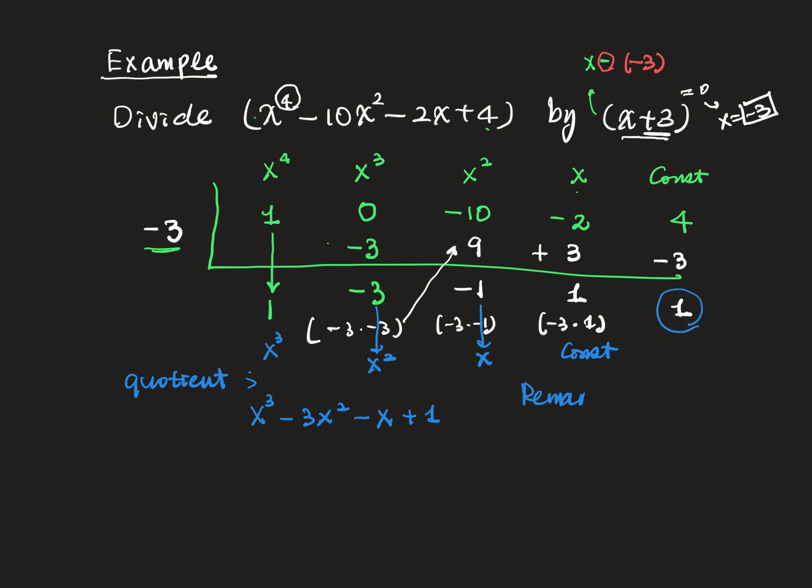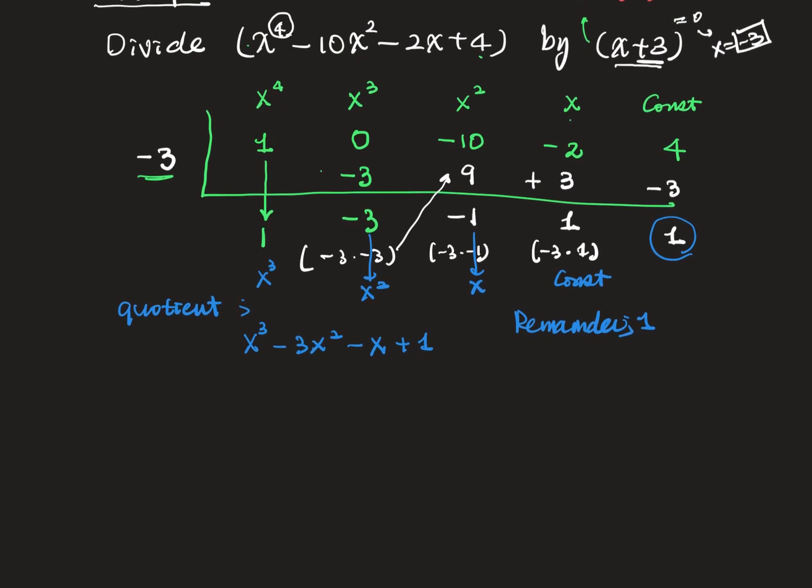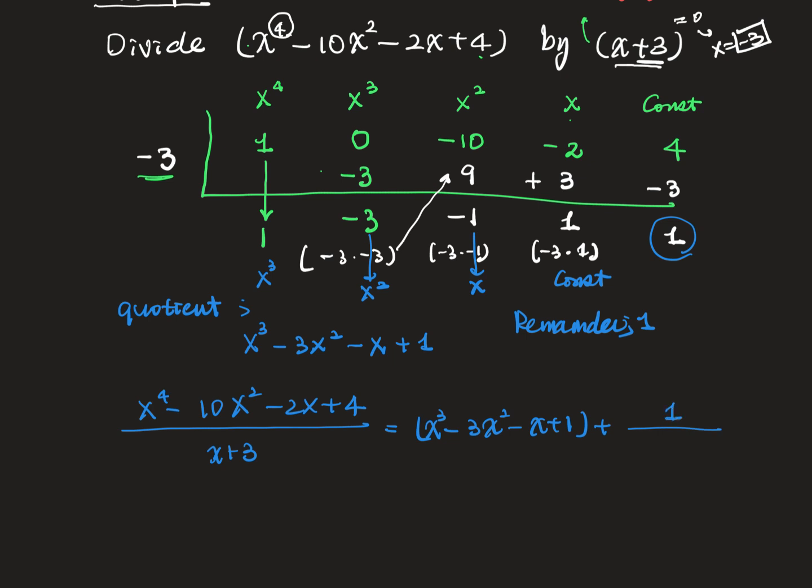This part is the remainder. The remainder is going to be 1. Okay? Then how can we write it? For division, you can write it two different ways. x to the fourth minus 10x squared minus 2x plus 4 divided by x plus 3 equals the quotient x cubed minus 3x squared minus x plus 1, that's one way, plus the remainder 1 over x plus 3.